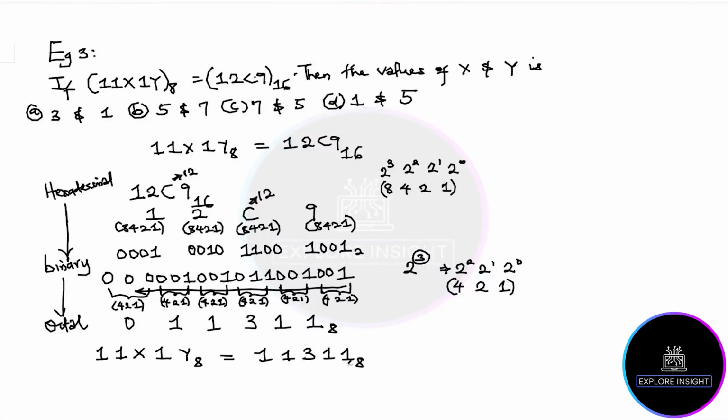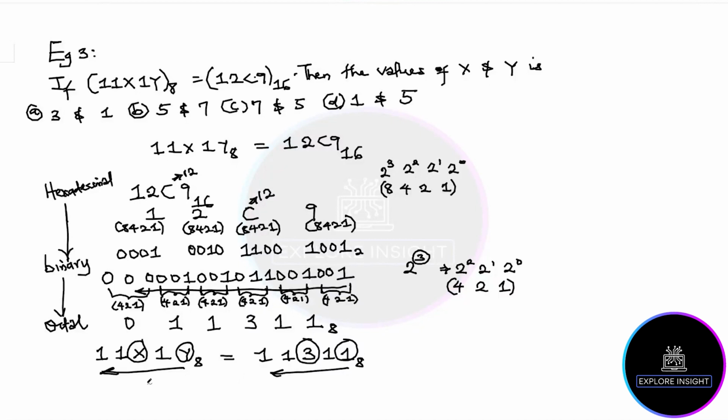Our main value will be: what is the value of y? So if we look through, considering here and considering here, we can tell that y is actually this value and x is actually this value. Because since they are of the same base, it's easy to locate the unknown values from the given values.